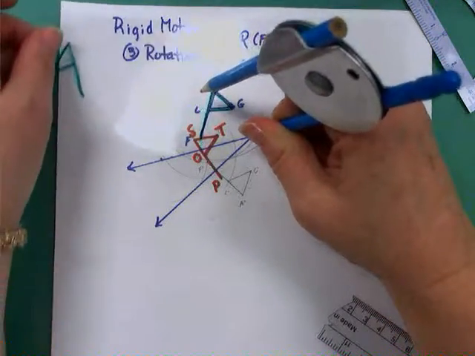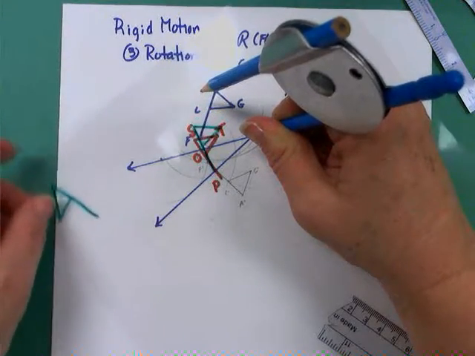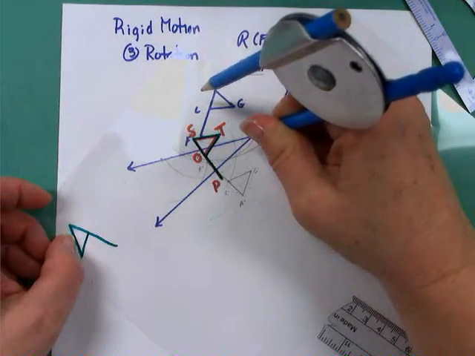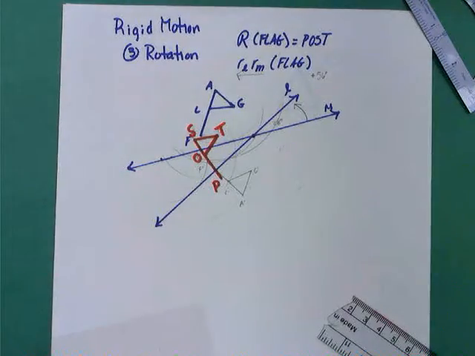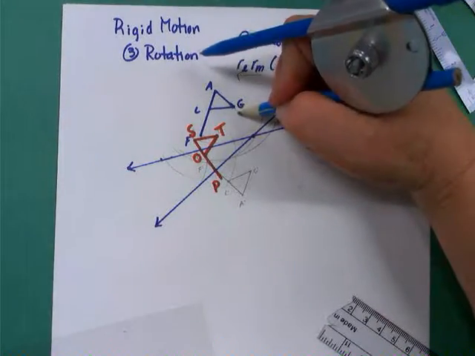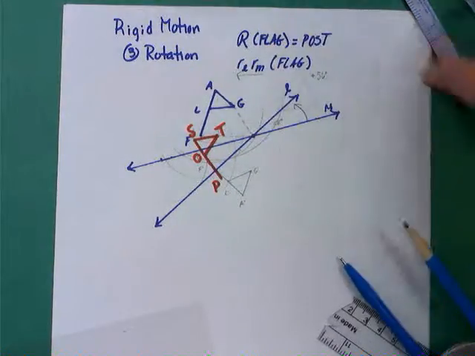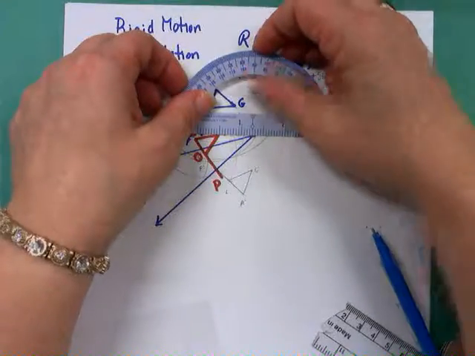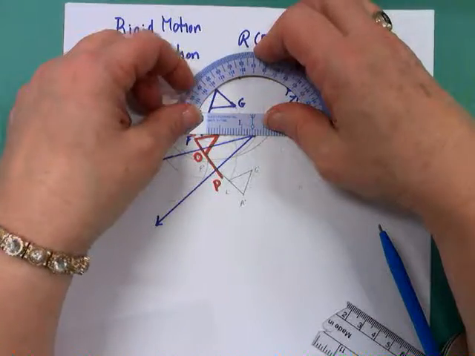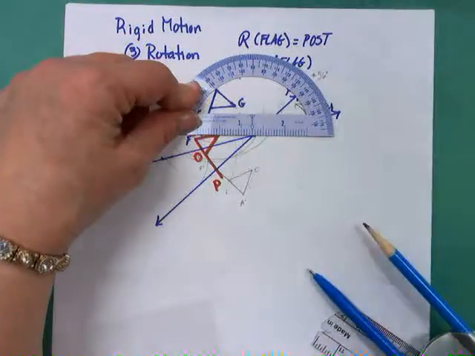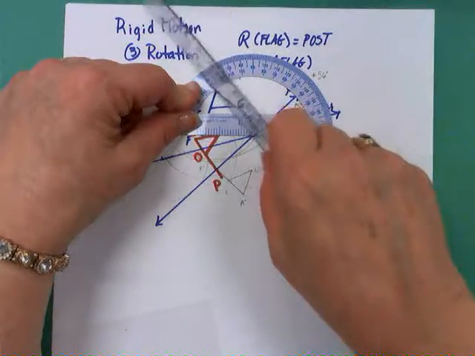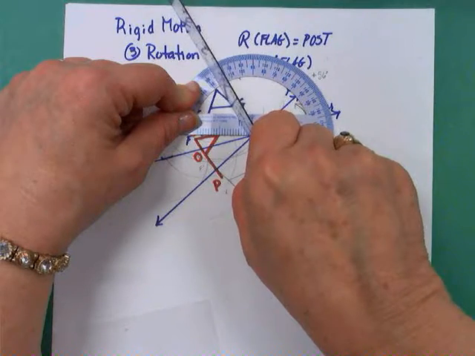If I measure the rotation from here to here, it should come out to be 56 degrees. From that center, 56, right there.